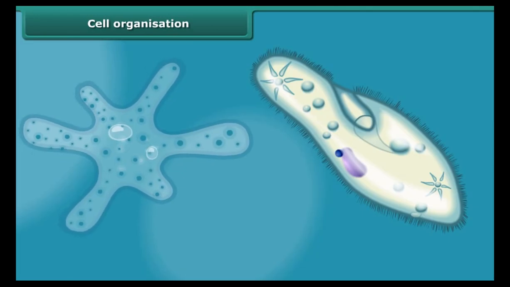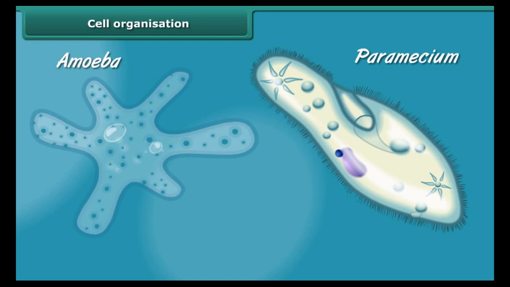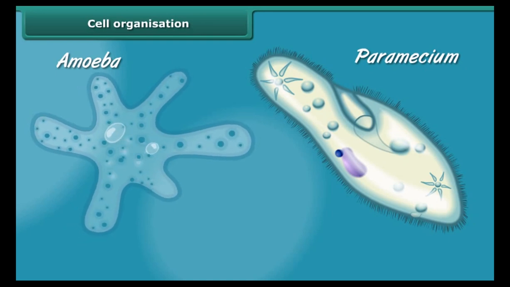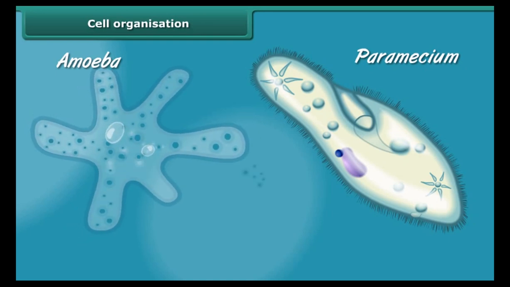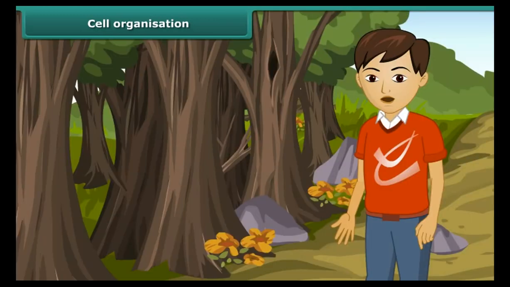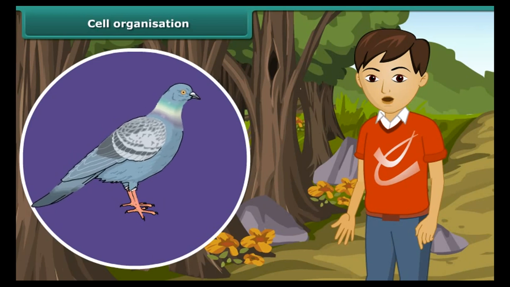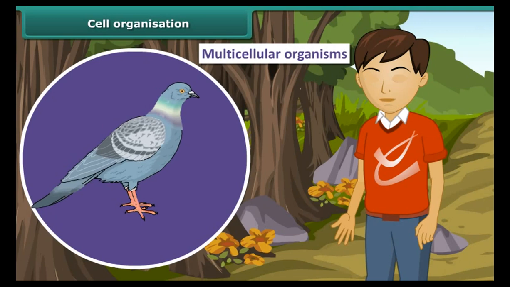Small-size organisms, like amoeba, paramecium, are made up of one cell. They are called unicellular organisms. Human beings, pigeons, mango tree are made up of many cells, so they are called multicellular organisms.